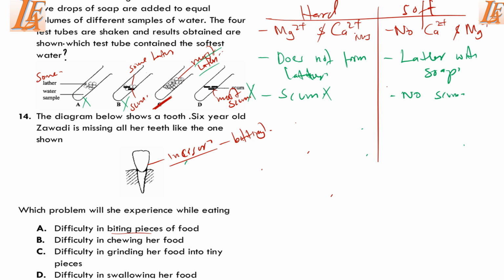This one is correct because the tooth that we have here is for biting. B, difficulty in chewing. Chewing is for molars and premolars, so this one is not correct. Difficulty in grinding. Grinding is molars and premolars. And then difficulty in swallowing. In this case, the correct answer is A, difficulty in biting pieces of food.